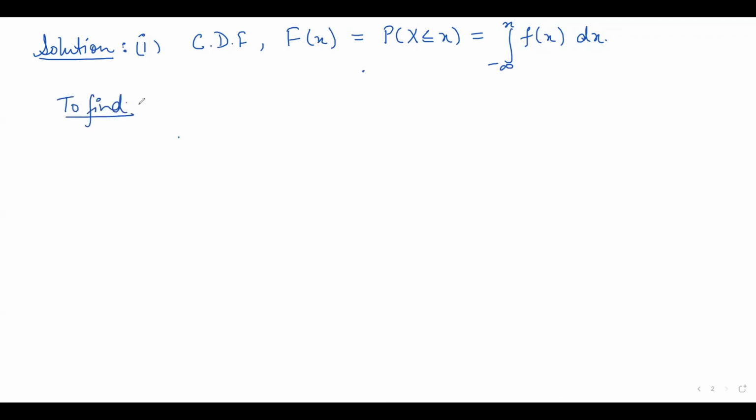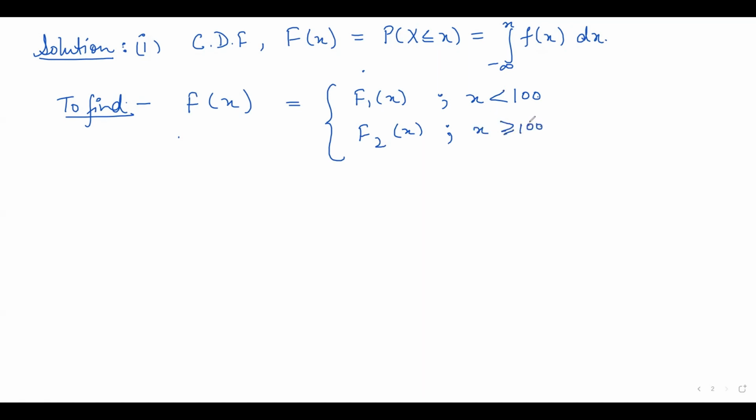Now we need to find capital F(x). It would be some F1(x) for x strictly less than 100, and we have an F2(x) for x greater than equal to 100. Now, in this case, we need to find out what is F1(x) and F2(x), so separately we'll be finding out.